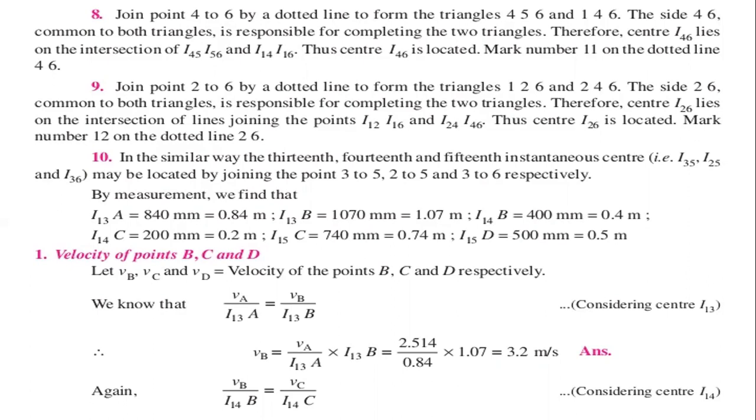And then we have got the instantaneous center I46 on the intersection of I45, I56, and I14, I16. So these are all the formed instantaneous centers.